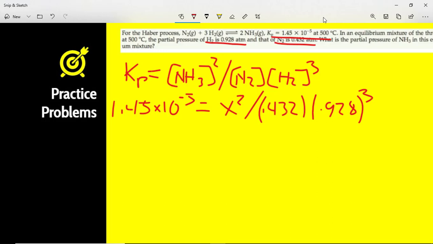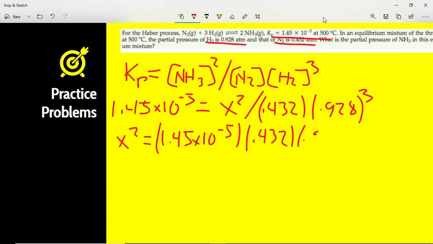Now, the rest of this algebra is pretty straightforward. We're going to multiply by the denominator on both sides. So what we're going to get is x squared equals 1.45 times 10 to the negative fifth multiplied by 4.32 times 0.928 cubed.